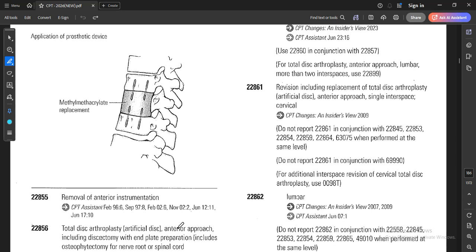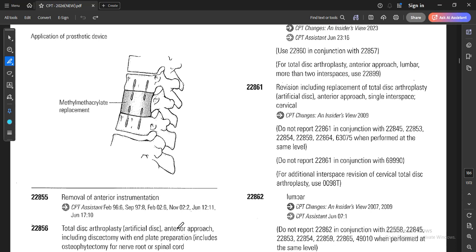Okay. Next, you need to check if the patient is performing any type of PEEK cage. Okay. Next, you need to check whether the patient is performing any arthrodesis along with corpectomy. Why? Because we have separate codes for intervertebral mechanical device insertion or PEEK cage insertion. One is only with arthrodesis.